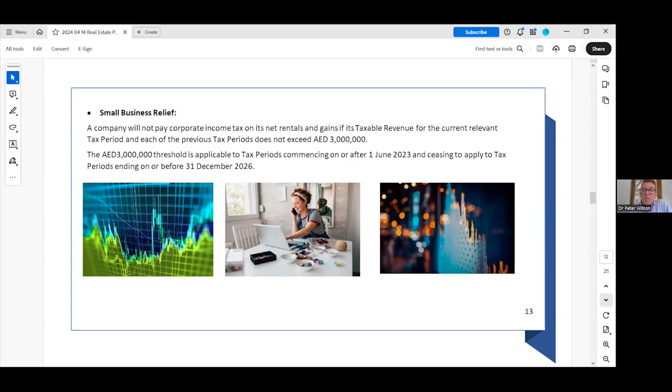But as soon as you sell one of the properties, you'll probably breach that threshold. So you might see a lot of people who own 15, 20 apartments not selling them until after the end of 2026, just so that they can fall within the 3 million threshold.